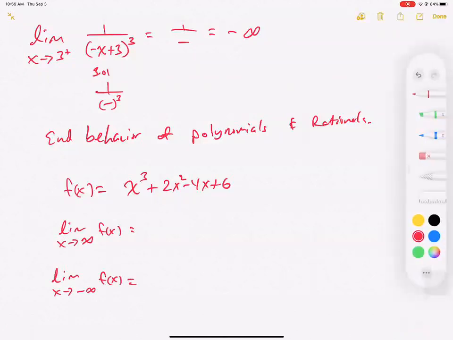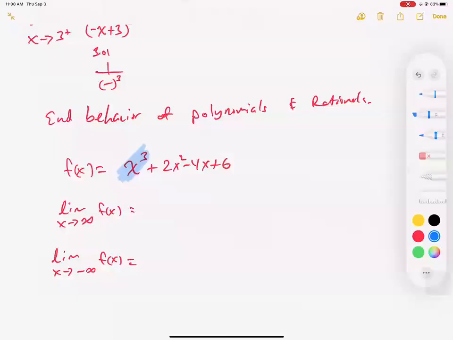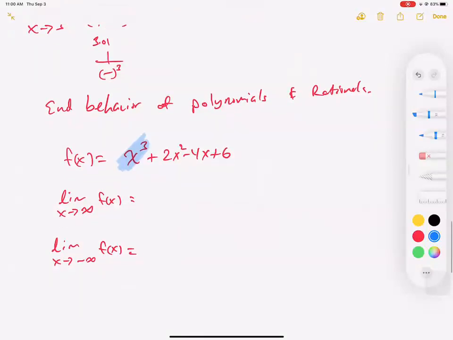you only have to ever look at this. Oh, okay, sorry about that. So what we do here is you only have to pay attention to this guy here, because at infinity, none of this stuff matters.